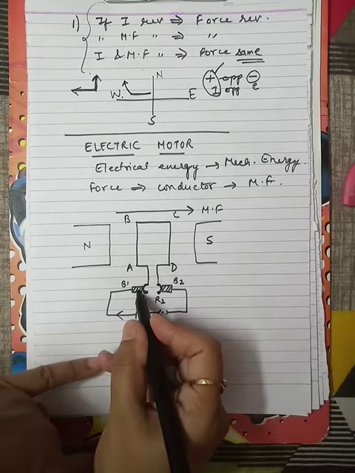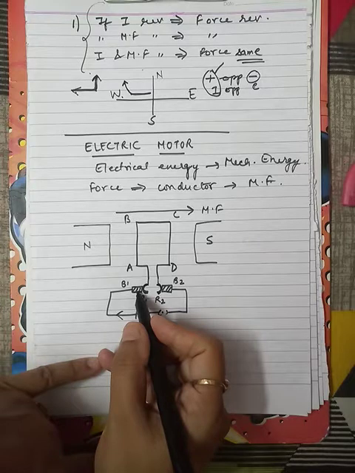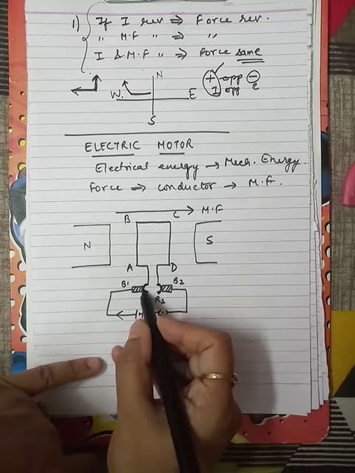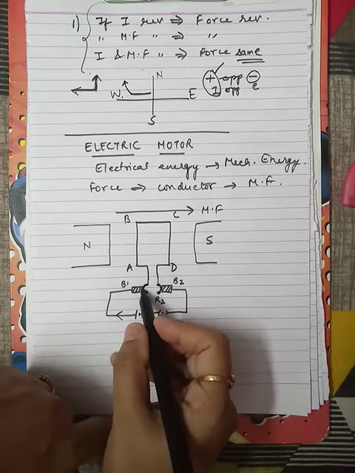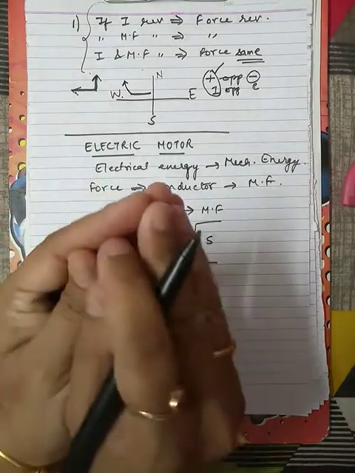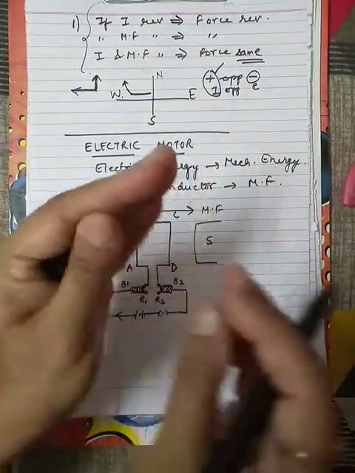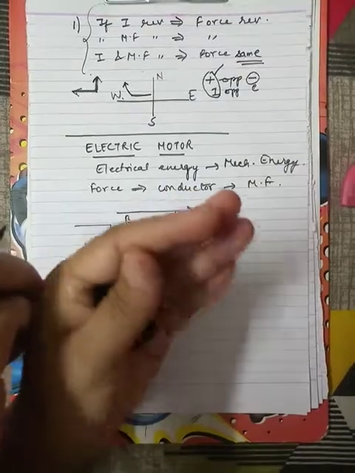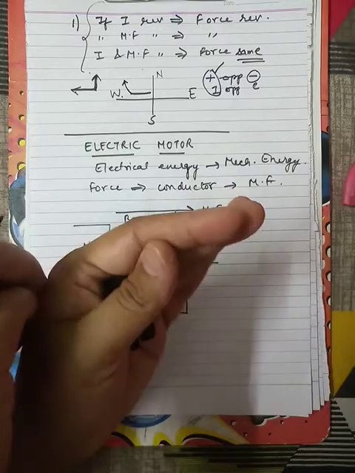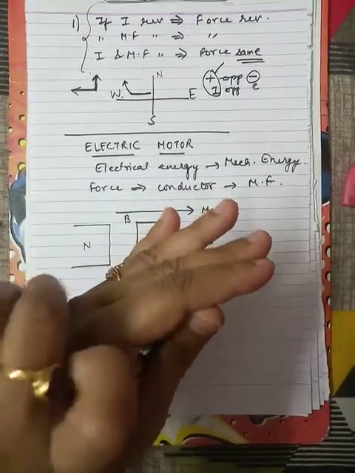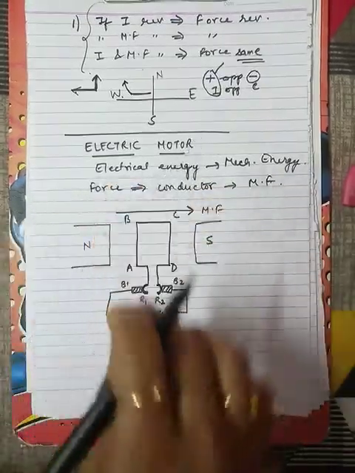Through the conducting brushes, I told you the brushes are conducting, but they are stationary and will not be moving. Which part is moving? This part is moving, and it will keep in touch with the brush. Brush is over here and this part moves, so it will make contact continuously.